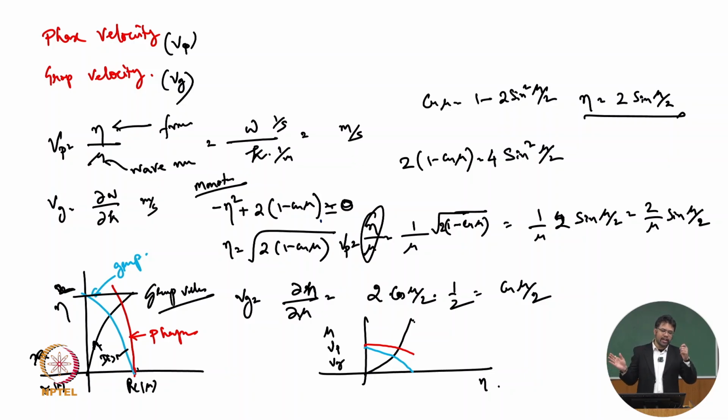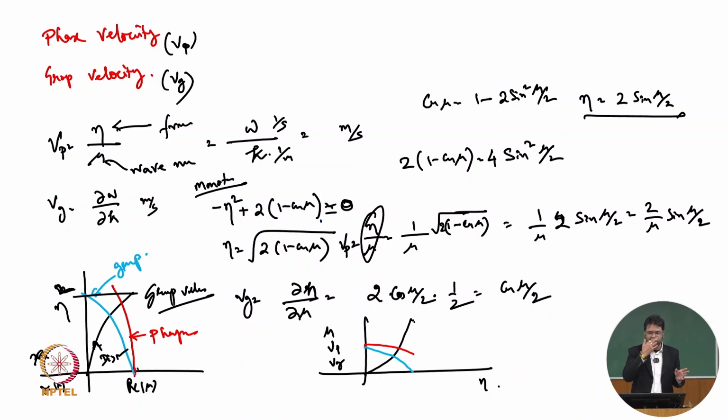Now a packet of waves and a single frequency wave have a fundamental difference, because a packet of waves contains some frequencies, meaning it has a little band, but a sinusoidal wave is just a single, monochromatic wave with a single frequency. So with a single frequency excitation, we cannot find the group velocity.